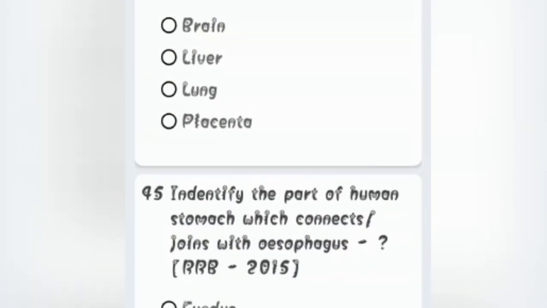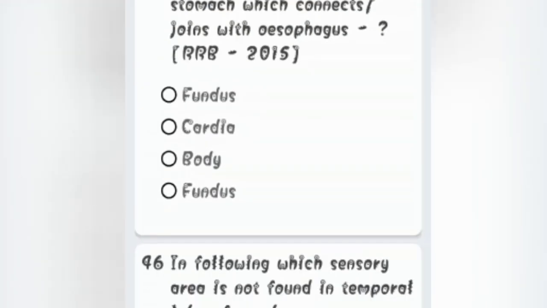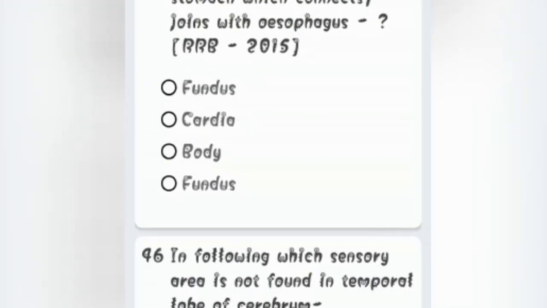Question number 44. Absence of lymph node is characteristic of option A brain, option B liver, option C lung, and option D placenta. Answer will be option A brain. Next question 45. Identify the part of human stomach which connects or joins with esophagus.